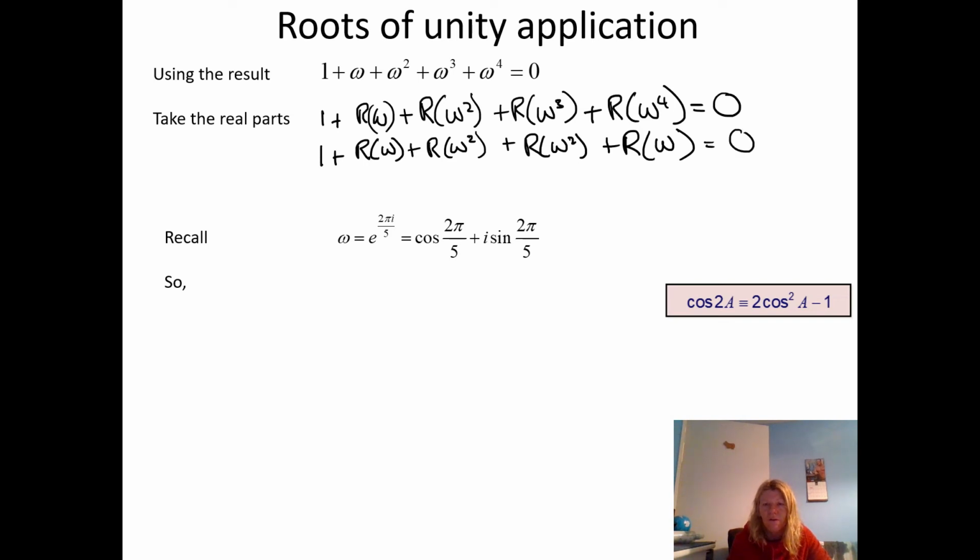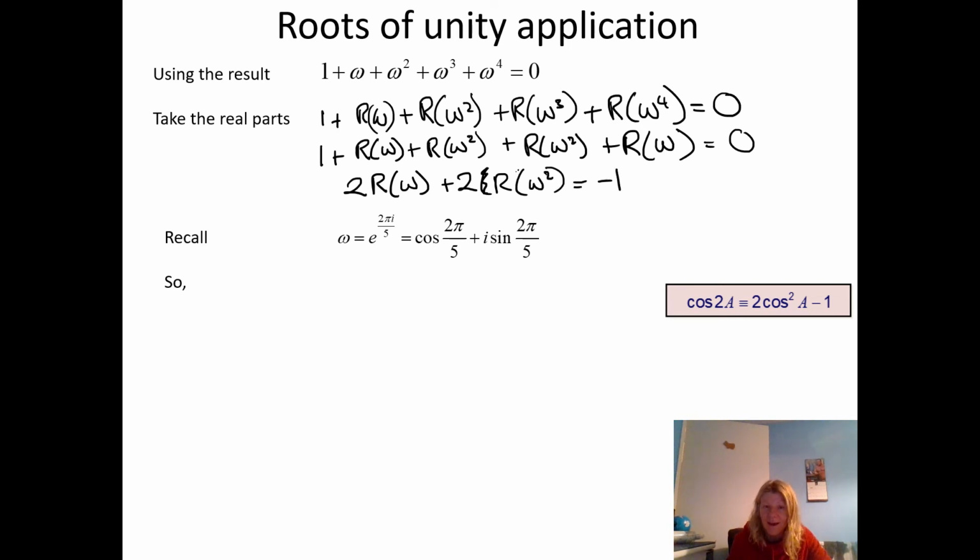Take the 1 over there, so we'll have 2 lots of real omega plus 2 lots of real omega squared equals -1.